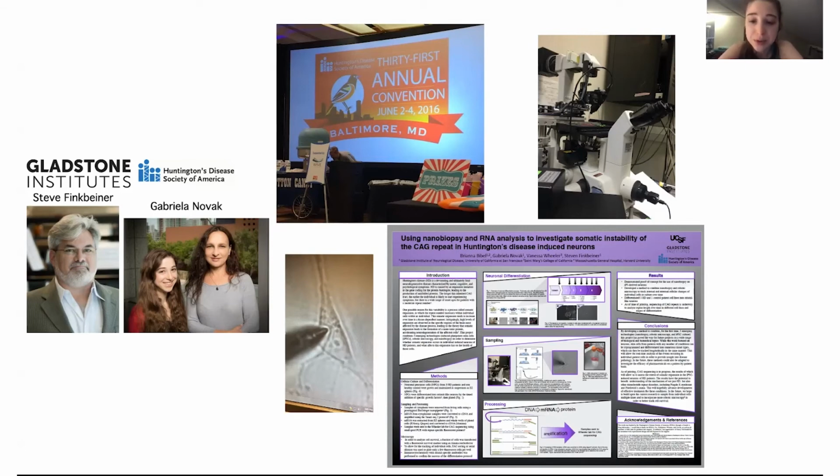To do this, I was trying to use this cool nanobiopsy technique, where we have these cells, and I was taking this tiny little needle and trying to suck out a tiny bit of the intracellular fluid, and then sequence the genetic information to see if the repeat size was expanding in these cells. I spent most of the summer just trying to get this technique to work and trying not to break too many needles.